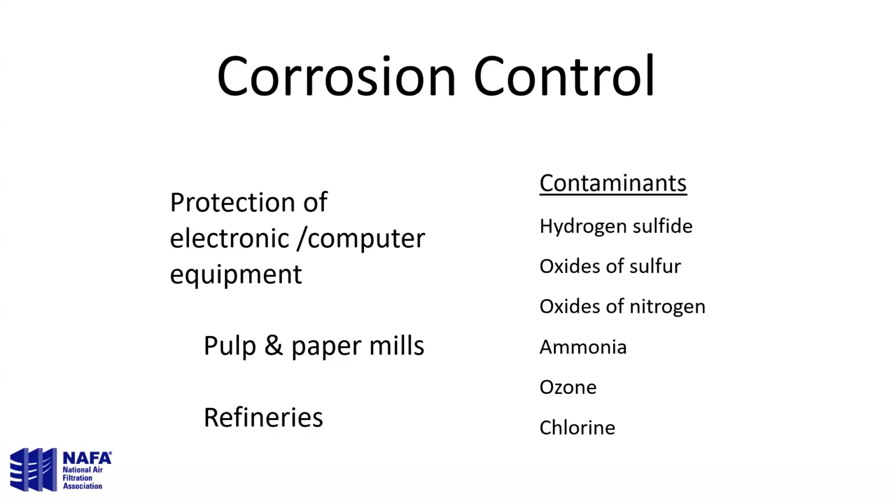So there's actually a standard out there, which I don't have, but it's readily available, and if anybody's interested in it: in order for you to run any of these pulp and paper mills and refineries that are run by computers, where they have computer technology, they have to put in gas phase filtration to meet a certain air classification, or you have lost your warranty on your computer.